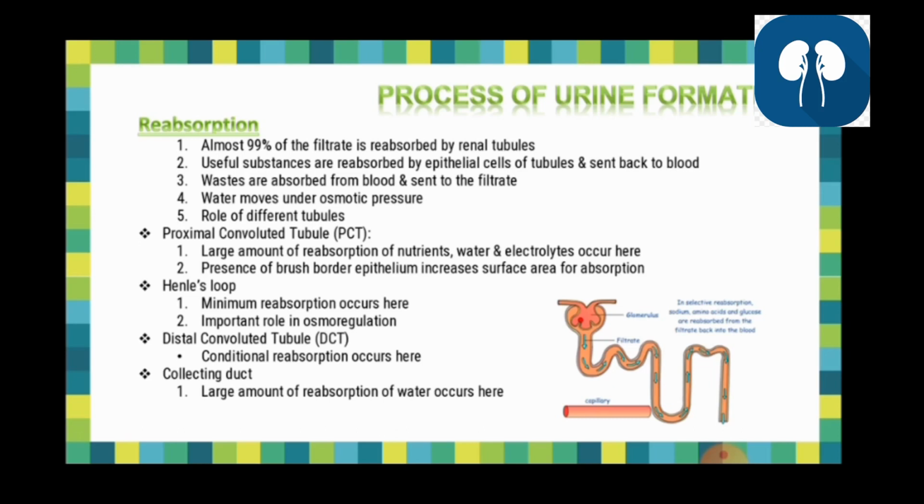Minimum reabsorption occurs here. The important role of the loop of Henle is osmoregulation. Distal convoluted tubule. Conditional reabsorption occurs here. In the collecting duct, a large amount of reabsorption of water occurs. So these are the functions of these tubular structures. You have to learn the functions of these different tubules.